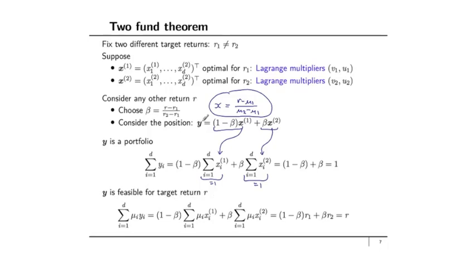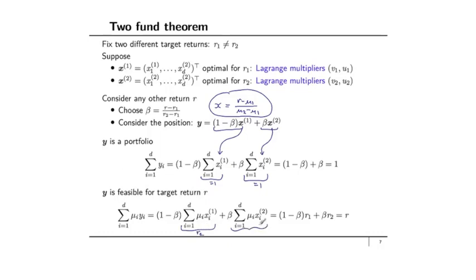Now let's calculate what is the expected return on this portfolio Y. That's the sum of mu i times yi. Expand it out again: it's 1 minus beta times the sum of mu i times x1i, summed from i equals 1 through d, plus beta times the sum of mu i times x2i, summed from 1 to d. This one, remember, x1 is feasible for a target return, so it's actually equal to R1.